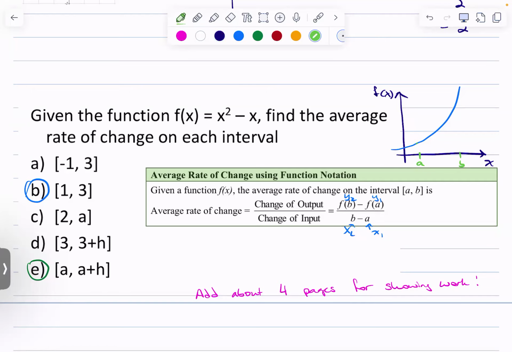Then in terms of function notation, this is at f of A. This is at f of B.